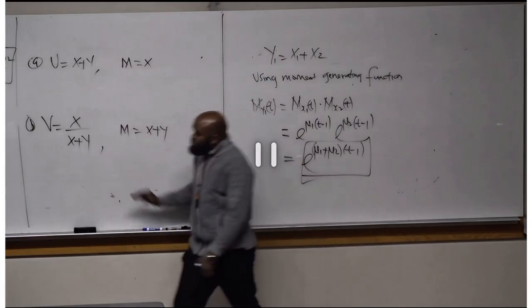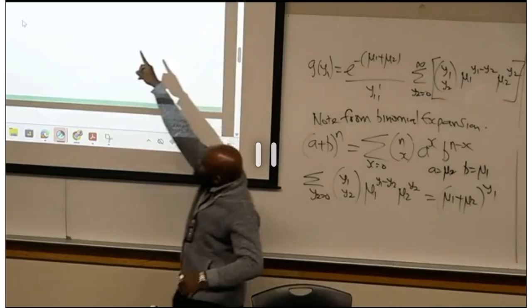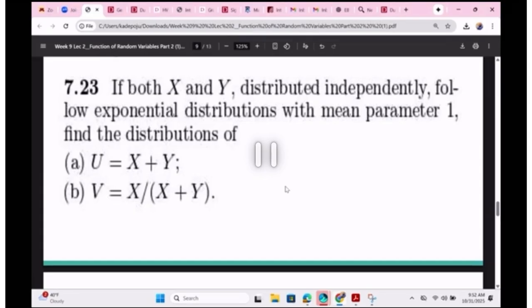Do you want to try that before next time? They give you exponential for each of those, and they want you to figure out how you can use the method of moment generating function. You can also use the method of transformation. But it is very easy to use the method of moment generating function here.